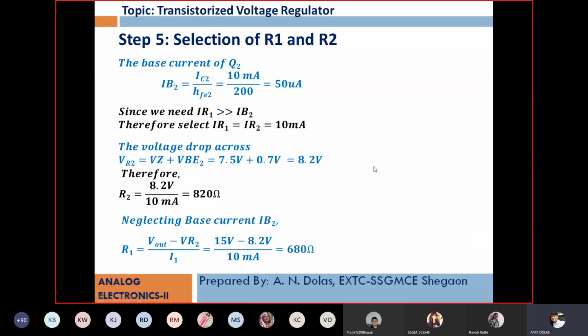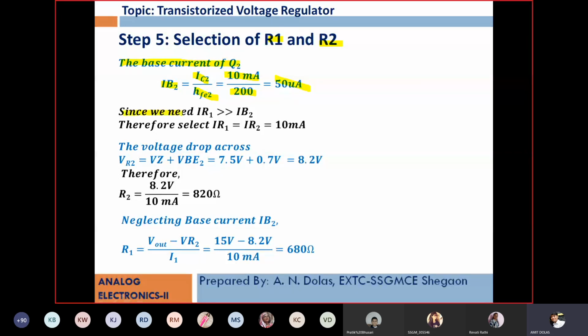So accordingly we'll get the values of R1 and R2. First we have to calculate the base current of Q2, IB2 is equal to IC2 by HFE2, that is 10 milliampere divided by 200, the HFE of the second transistor, that is 50 microampere only.